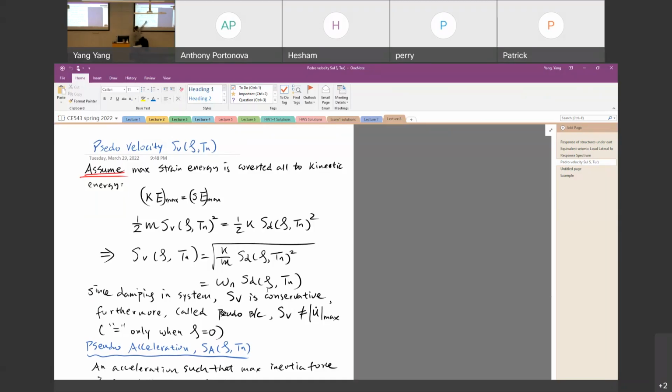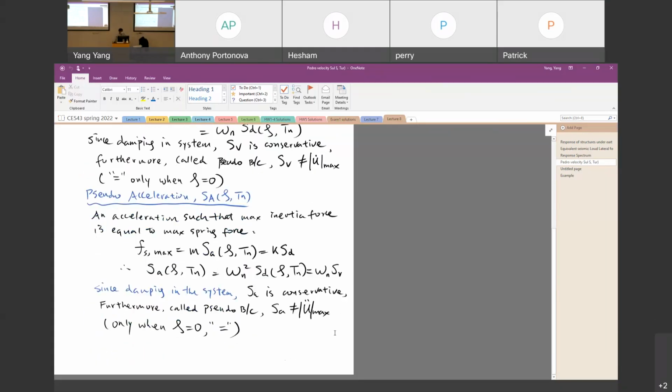We just multiply by the natural angular frequency over here so that we can get the velocity response spectrum. Similarly for the acceleration, we can just go ahead and multiply by the square of the natural angular frequency, so that we can have the pseudo acceleration response spectrum.